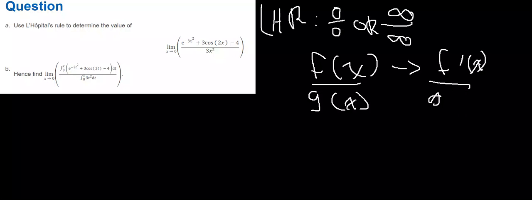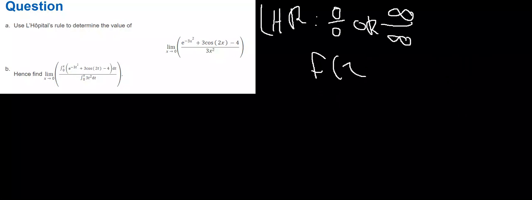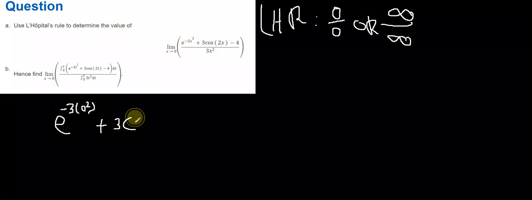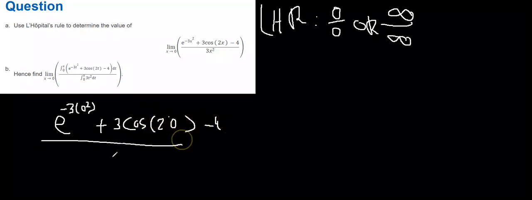First, let's substitute 0 into the original expression. We get e to the minus 3 times 0 squared, plus 3 cosine of 2 times 0, minus 4, over 3 times 0 squared.